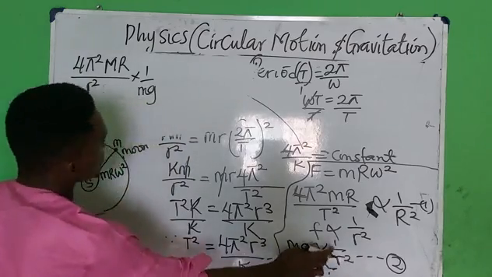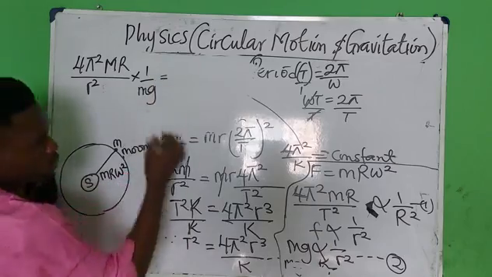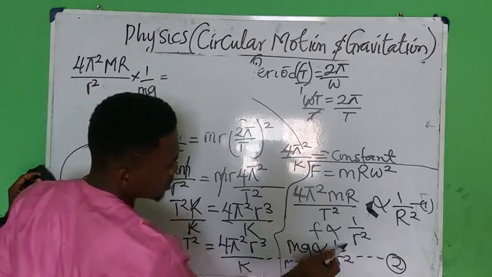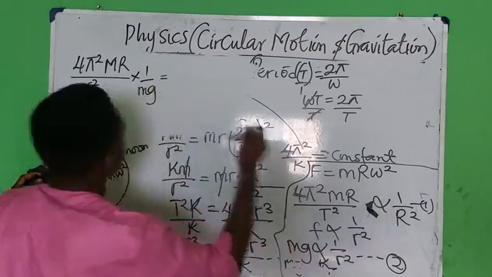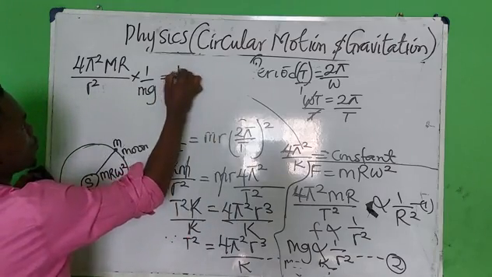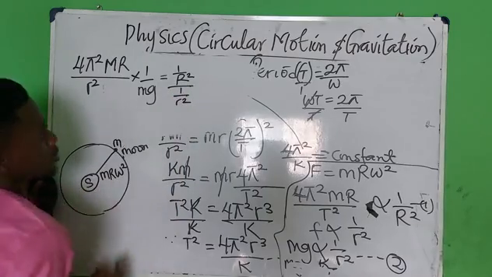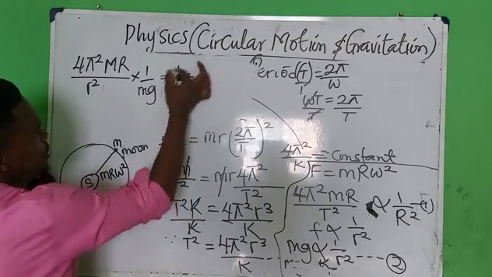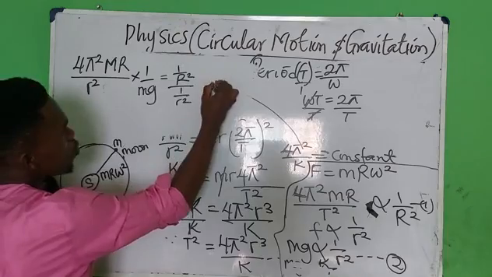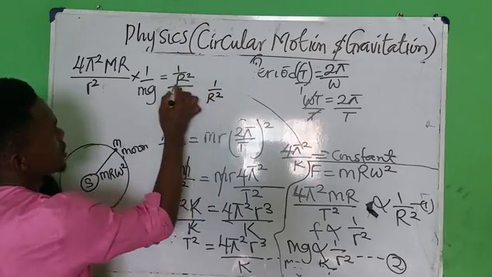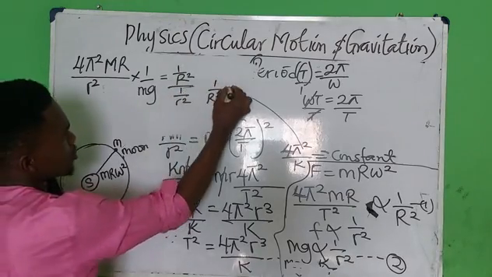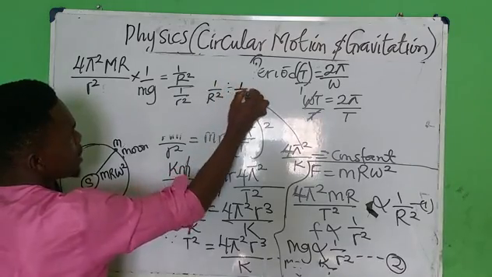So if I want to eliminate this sign, it's equal to this one and this other one. So if I have 1 over r squared divided by 1 over R squared, what does that tell you? If I want to re-express this, it becomes 1 over r squared, and the division sign becomes divided by 1 over R squared.